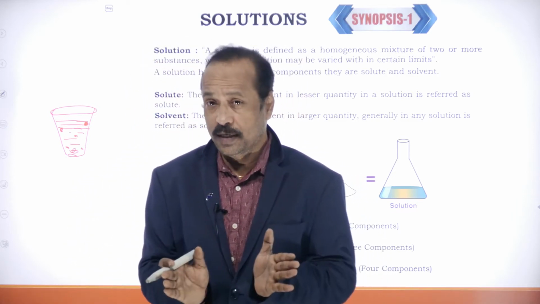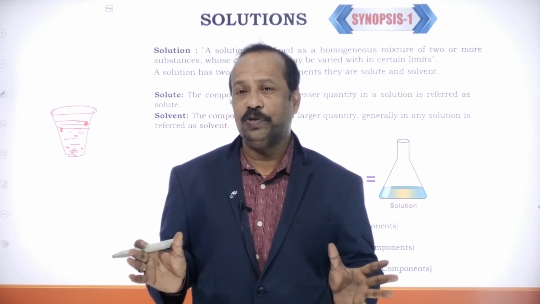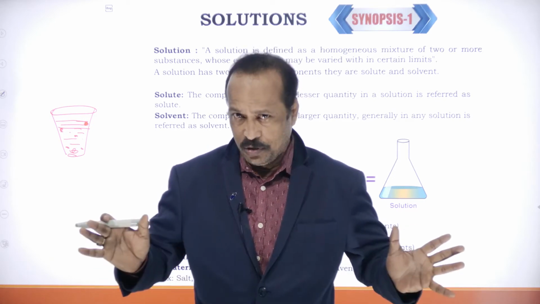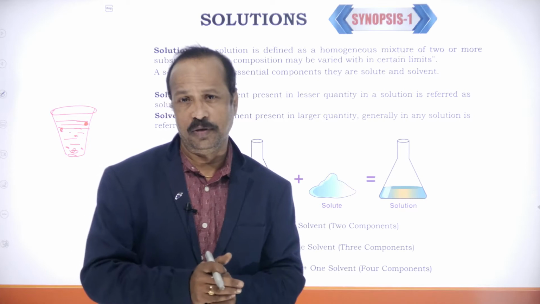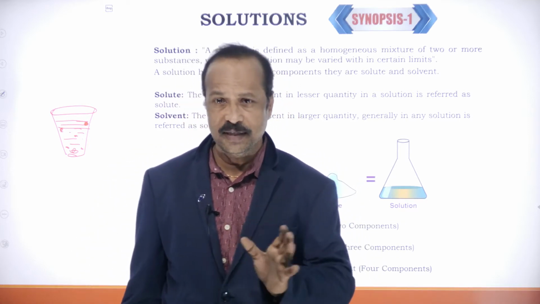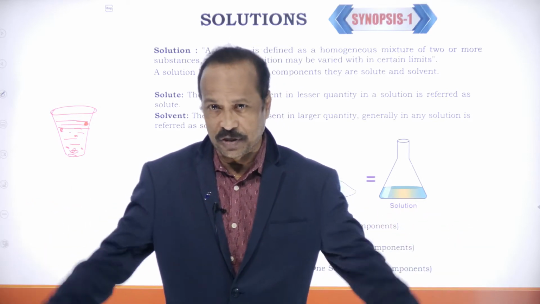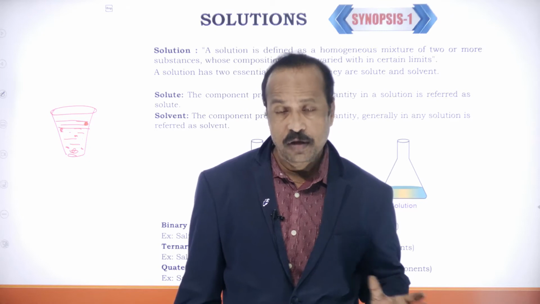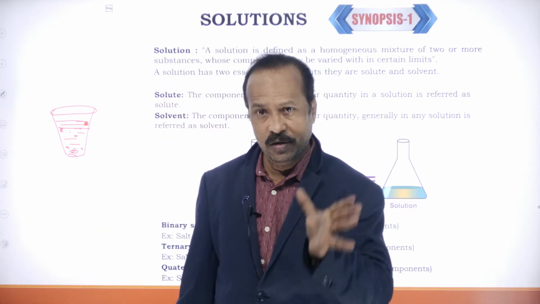So, what is the meaning here? Here the salt is equally distributed among all the water molecules. Anywhere you taste from that glass, the taste will be the same. So, this solution is called a homogeneous mixture. A homogeneous mixture of two or more substances is called a solution.